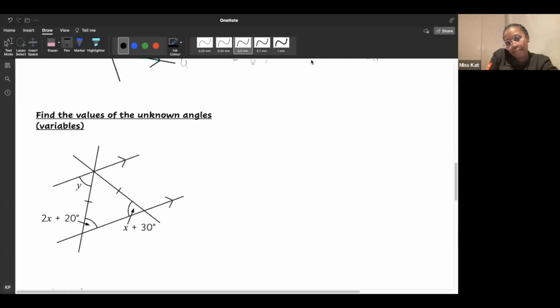So, ma'am, the arrow is pointing to the angle below. So it will be 2x plus 20 plus x plus 30 plus the unknown, which is like M, will be 180 degrees.